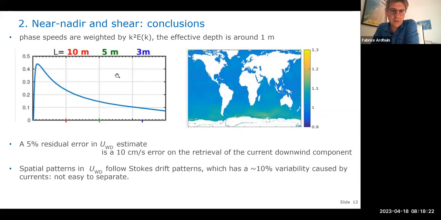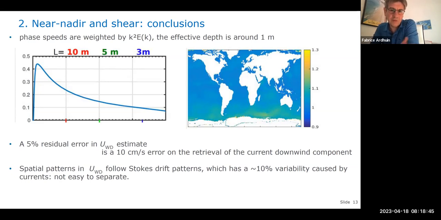One small detail is that when you think about the weighting of these phase velocities by the slope spectrum, this is the average slope spectrum of surface elevation of the ocean in blue. You typically have many scales in it, and a lot of the slopes correspond to waves longer than 10 meters, but you also have a lot of energy, or variance, in the slopes at scales smaller than 10 meters.